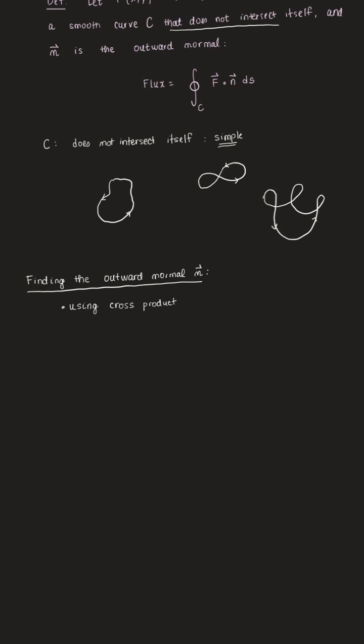So let me set up here a 3D coordinate system. And let's also suppose that our curve is in R2, as is our vector field, so flux is defined over a curve to be in R2.